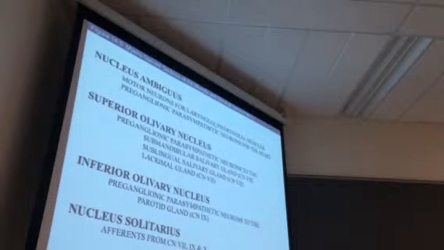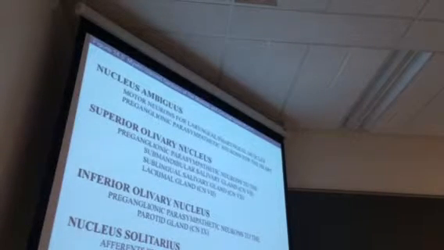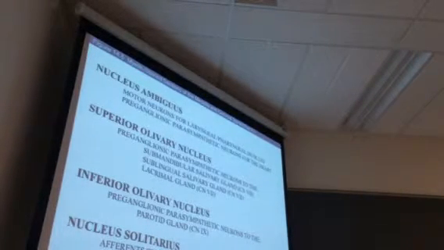Motor neurons for the larynx and pharyngeal muscles. Well, that's interesting. Preganglionic parasympathetic neurons for the heart or cranial nerve, vagus. You know, that should have been like a no-brainer. Vagus should have jumped out.